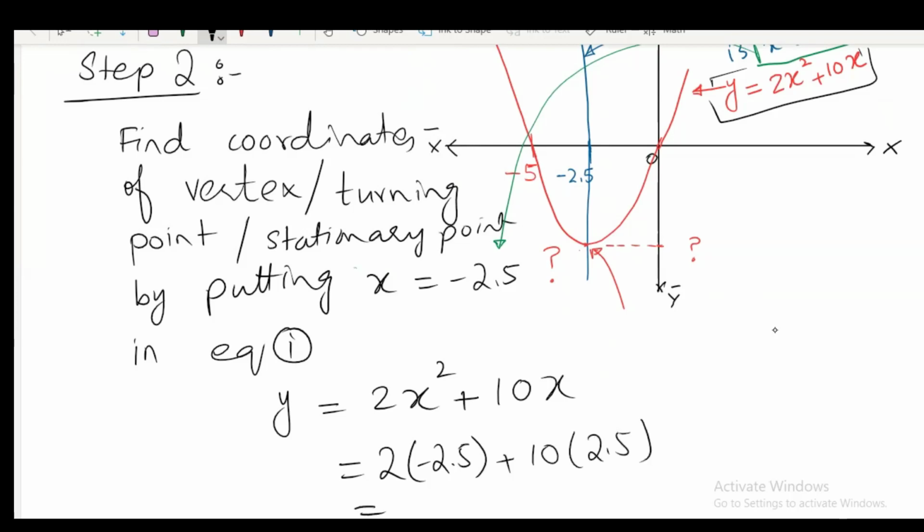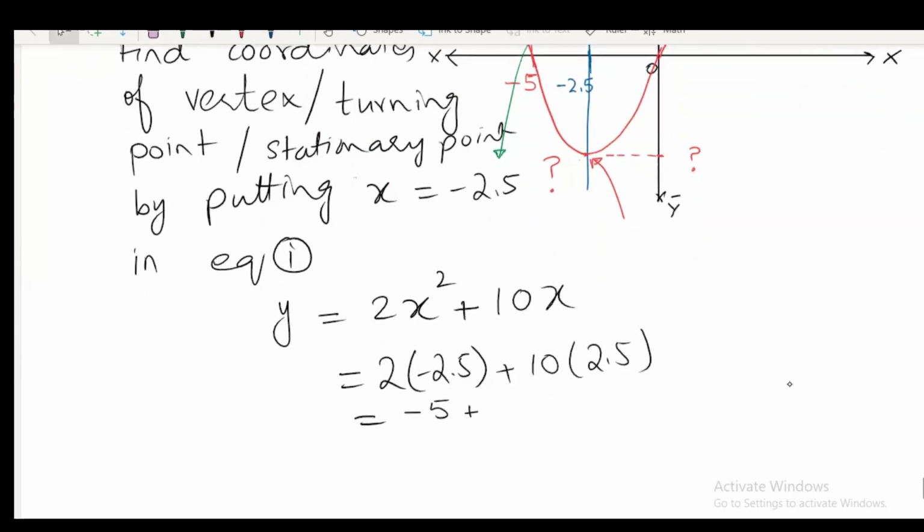we get 2 times minus 2.5 squared, and 10 times minus 2.5 is minus 25. So 12.5 minus 25 gives minus 12.5... sorry, the value is minus 30.